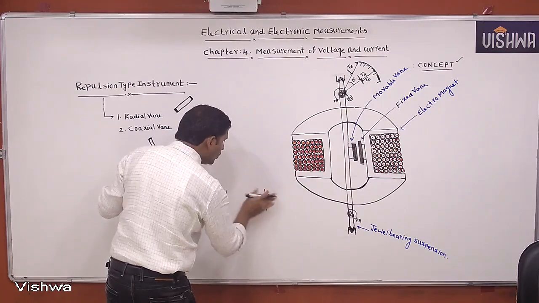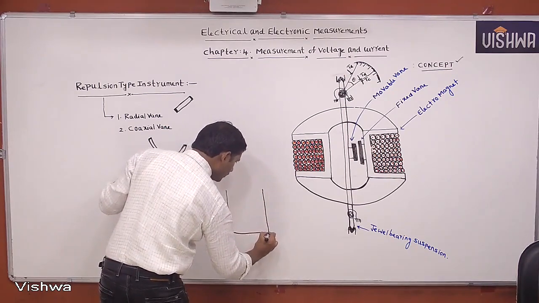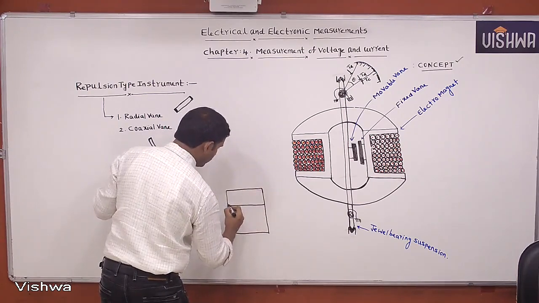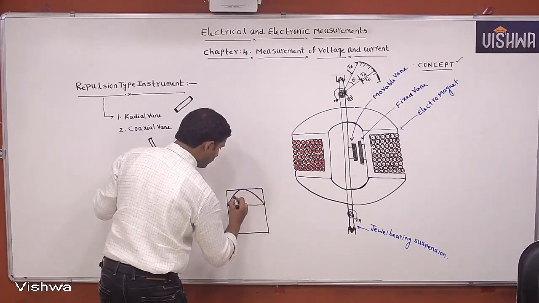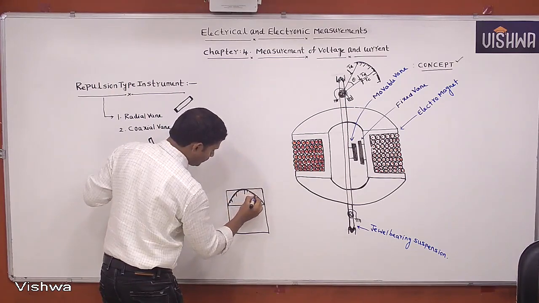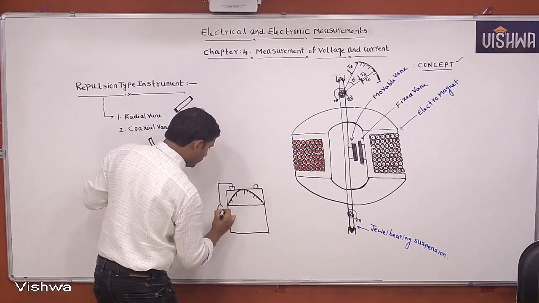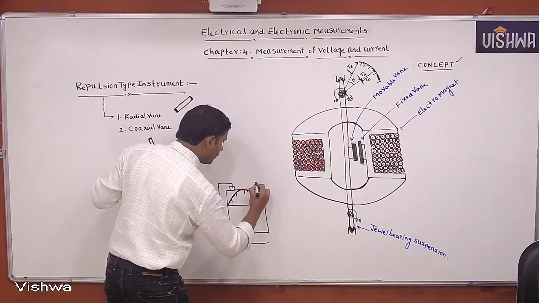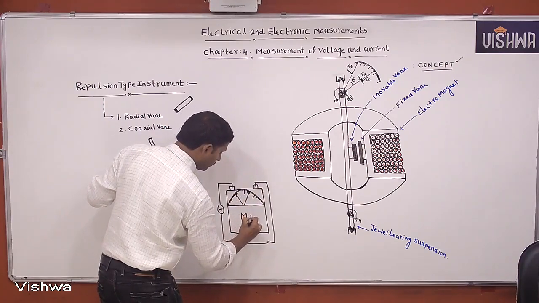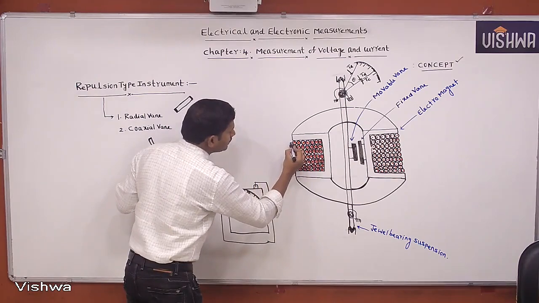Then it becomes a moving iron repulsion type instrument. Then this is the connection.